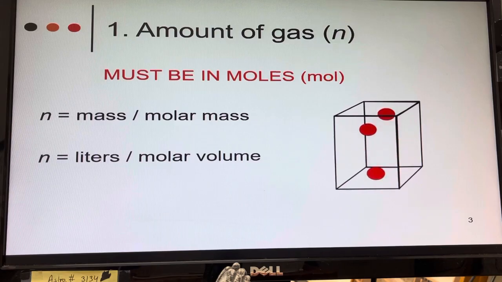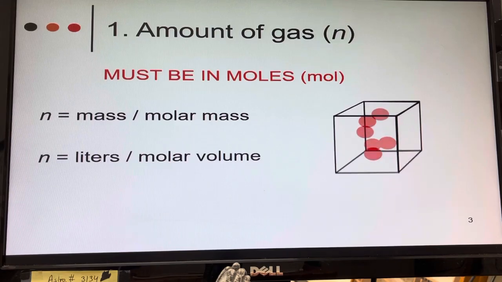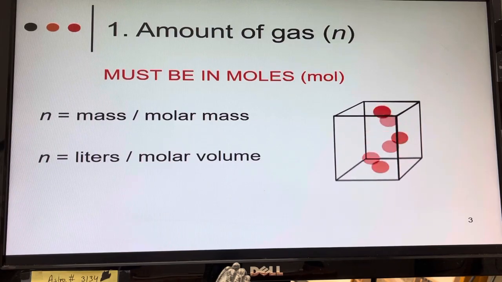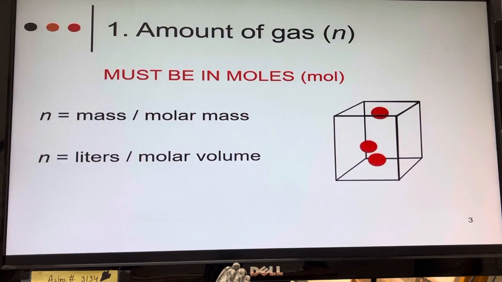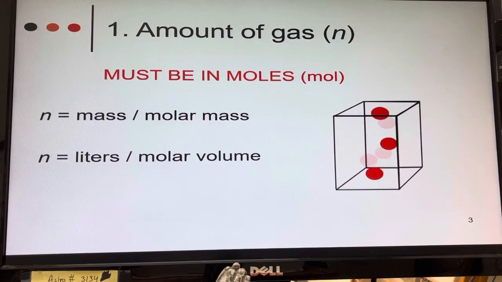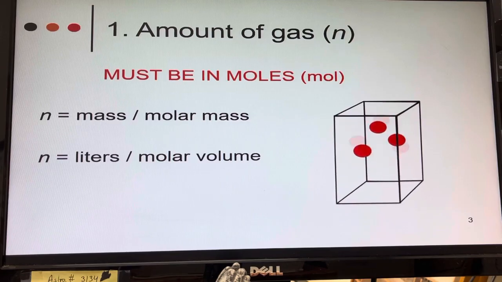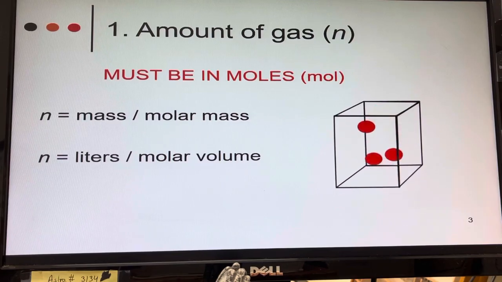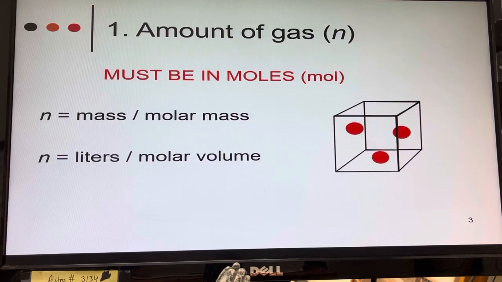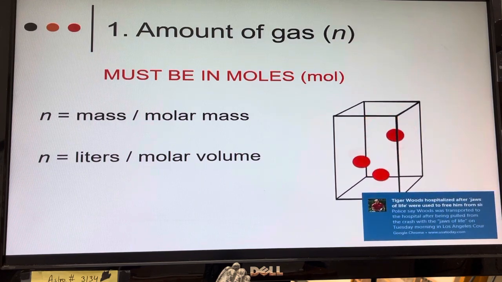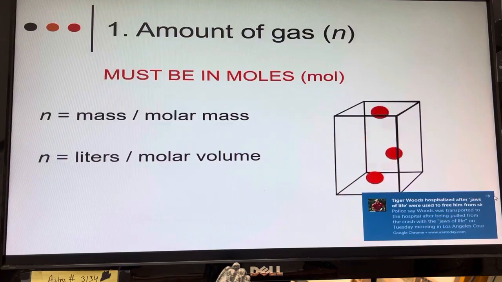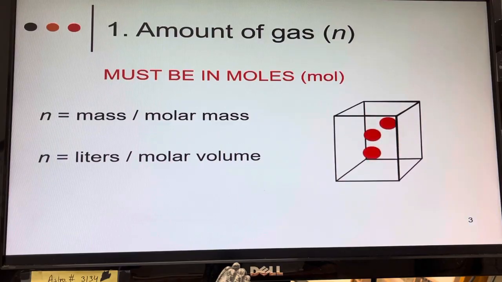So the first one is the amount of gas. And we measure amounts as moles. Some people might measure amount as mass or volume, or, well, most people measure amount by sheer number, right? What's the amount of students in this classroom, or the amount of books in your personal library at your school?